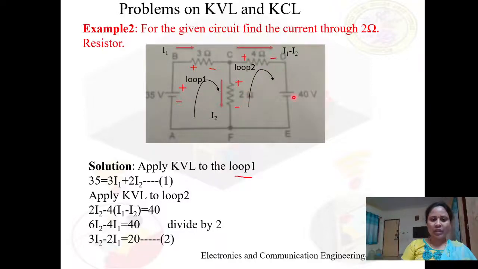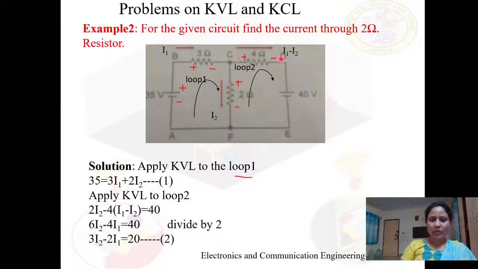Now for the second loop, let us take the loop F, C, D, E, F, and starting from F to C, here the potential sign changes are minus to plus, therefore it is 2 into I2, which we have written as 2 into I2.